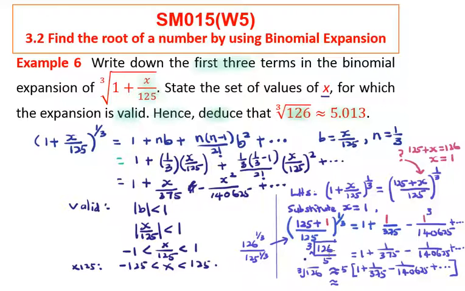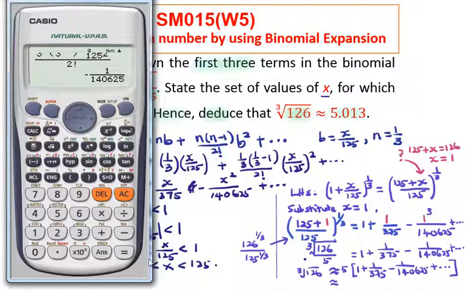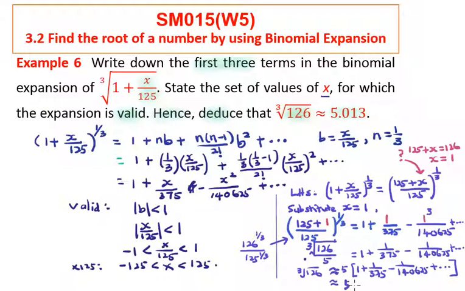Then you can check from your calculator: 5 times 1 plus 1 over 375 minus 1 over 140625 is approximately 5.013. Approximately 5.013, as shown.